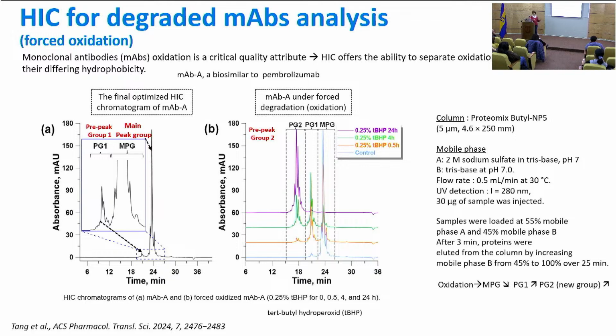But size-exclusion chromatography will allow you to collect the main peak, but you don't know the state of the species inside the main peak. You see a profile, you see the main peak, but you don't know what is inside. That's why, when you want to go deeper in the analysis of MABs, you add a second dimension.